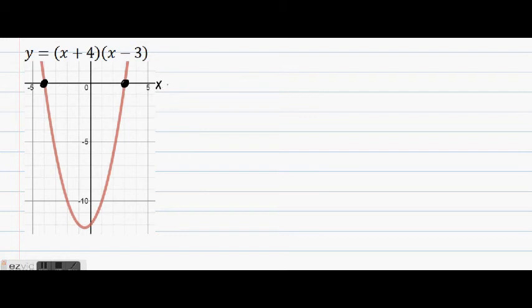So do you agree on the x-axis y equals 0? Alright, I hope you agree with me. So if we take this y equals x plus 4 times x minus 3, if I'm worried about where it's crossing the x-axis, well then I guess I should take y and force it to equal 0.